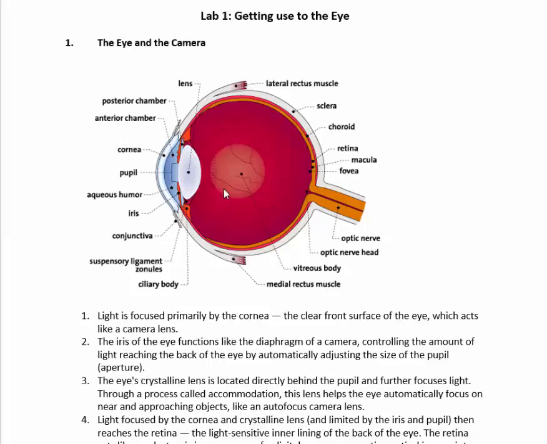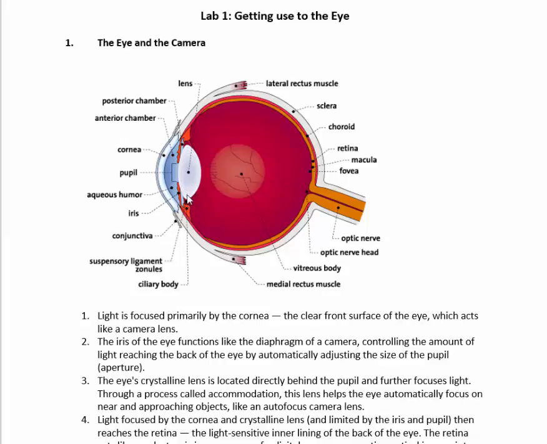Now how about focusing? In a camera, the focusing is done by changing the distance between the screen and the lens. Well, that's not very practical in the case of the eye. So what do we do? Well, we have a more sophisticated mechanism here. These muscles, called the ciliary muscles, can stretch and contract.